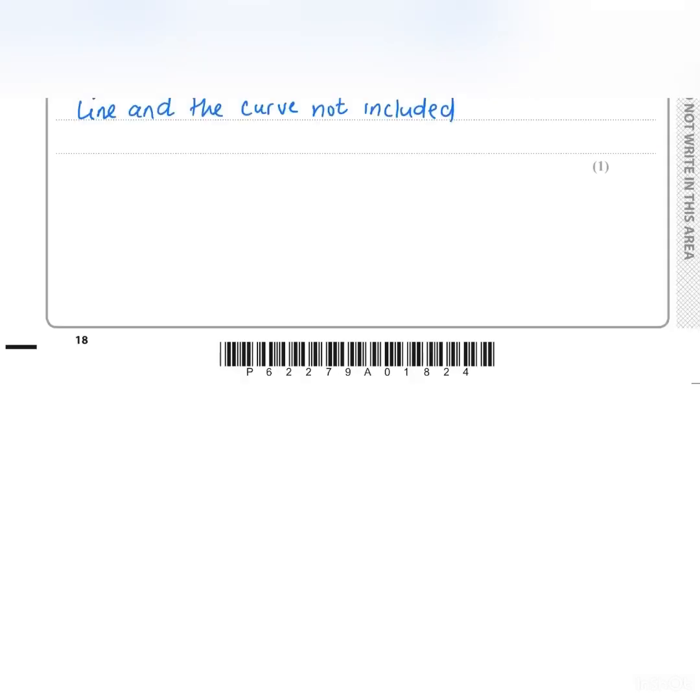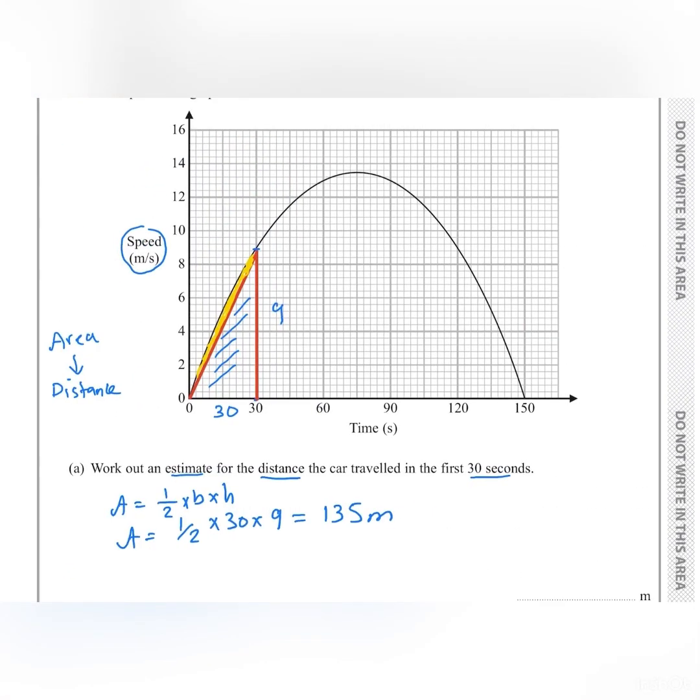Okay, for this part of the question, what gives us acceleration on this graph? Going back to the graph, 60 seconds is roughly at the top here. Now, to find the acceleration, you basically need to find the gradient at that point.